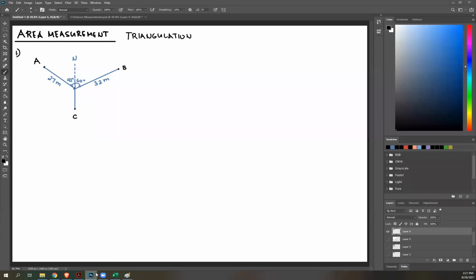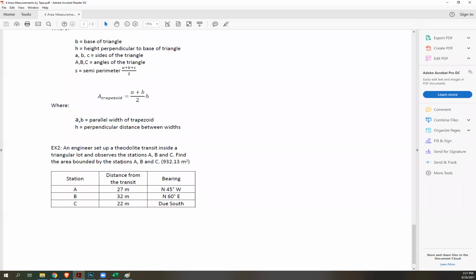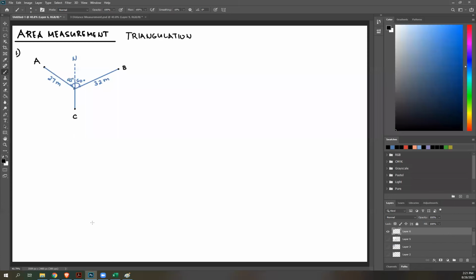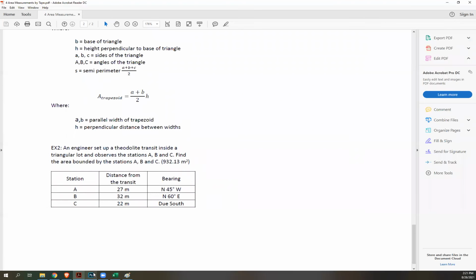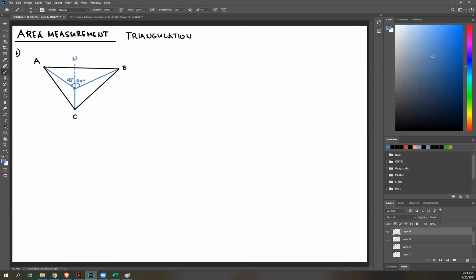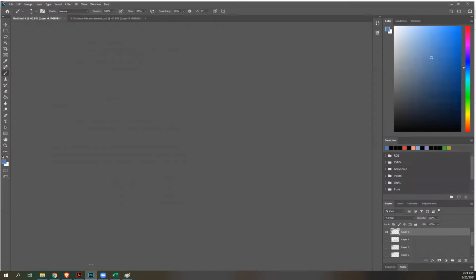And then these 3 points are the points of your triangle, right? Bounded by stations A, B, C. So to get your triangle, it's just connecting your lines. So this. Okay. And so let me just rewrite the lengths: 27, 32, and 22.